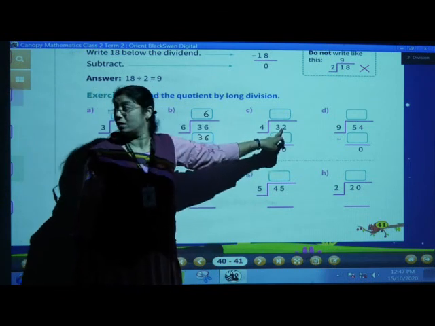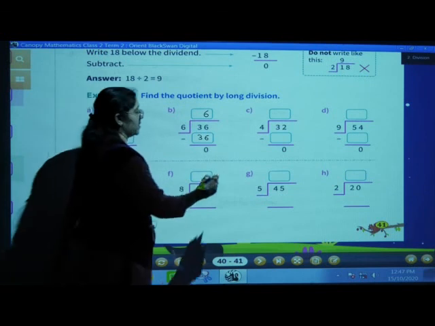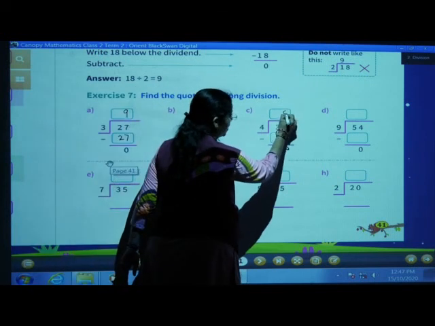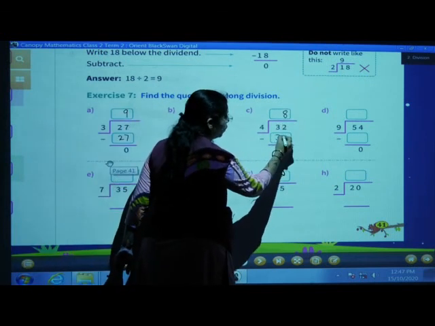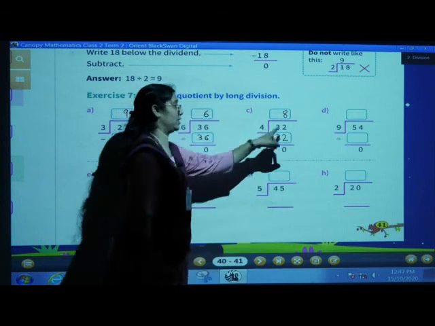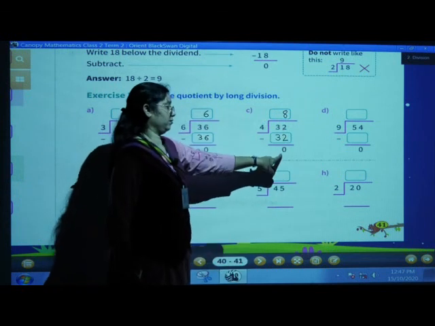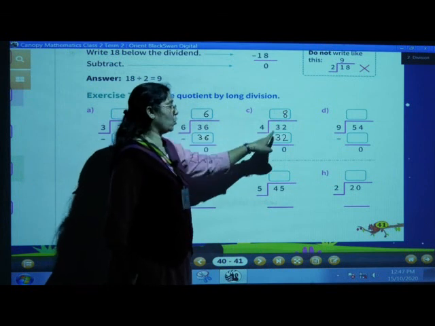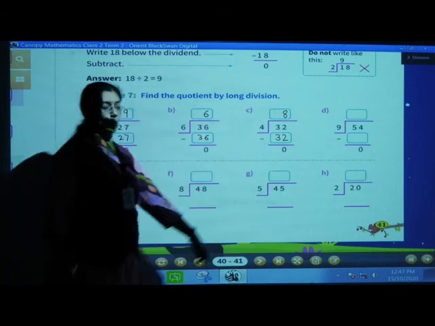Means 8 we have to write in the ones column and 32 below this dividend. Then we subtract 32 minus 32, 0.